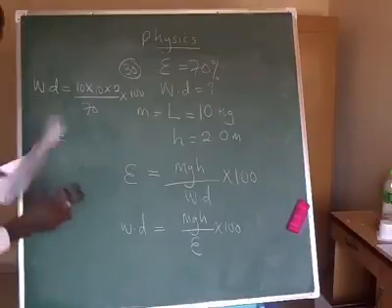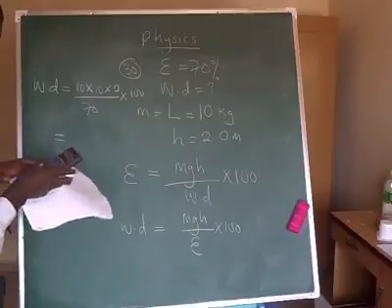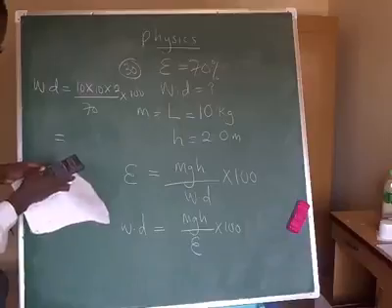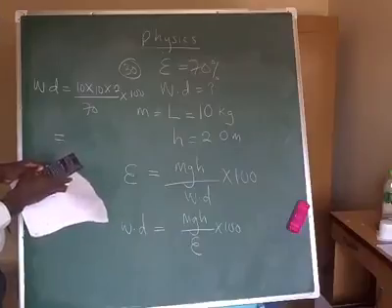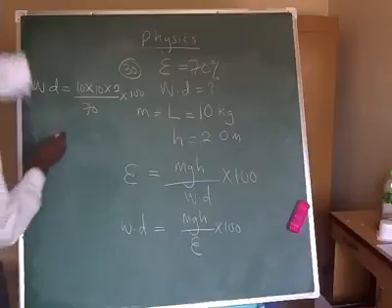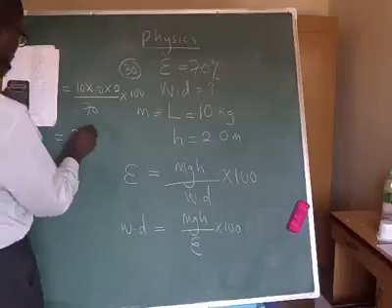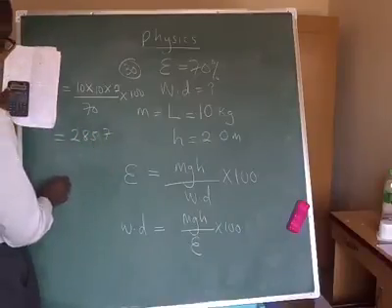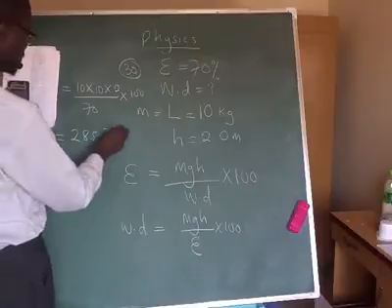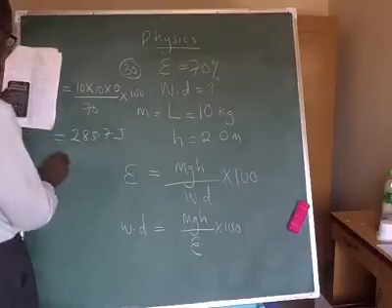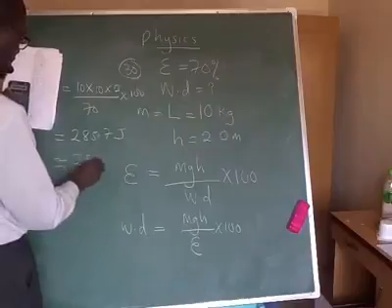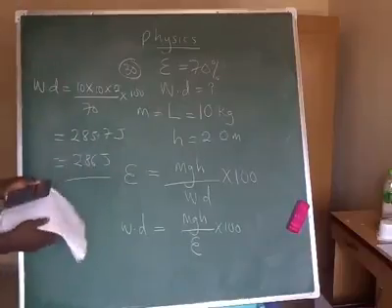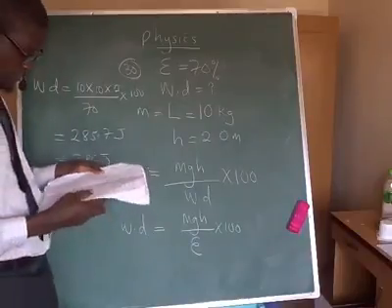So let's see what we have. This is 10 times 10 times 2 divided by 70 multiplied by 100. So I have 285.7 joules. This is my work done, or approximately 286 joules.